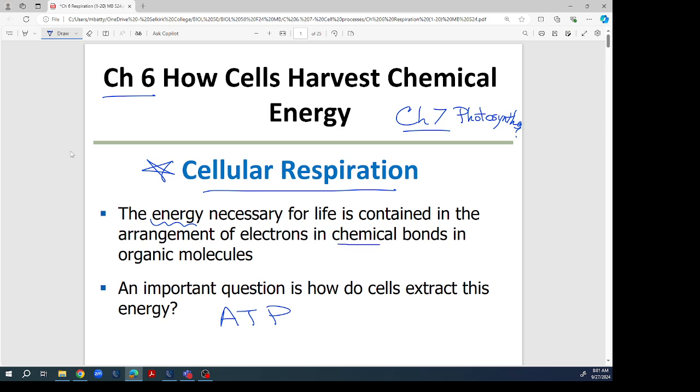And so that's stored in chemical bonds, and specifically in the ATP molecule, and more specifically between the second and third phosphate group. Last chapter, we talked about how ADP and ATP cycled in the body. And so now we're going to really focus on how the cells actually manufacture this currency of the cell, this ATP molecule.